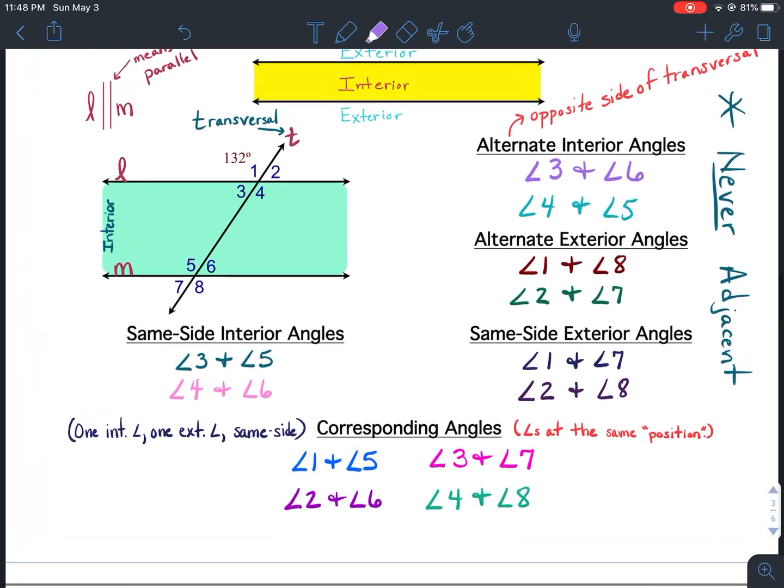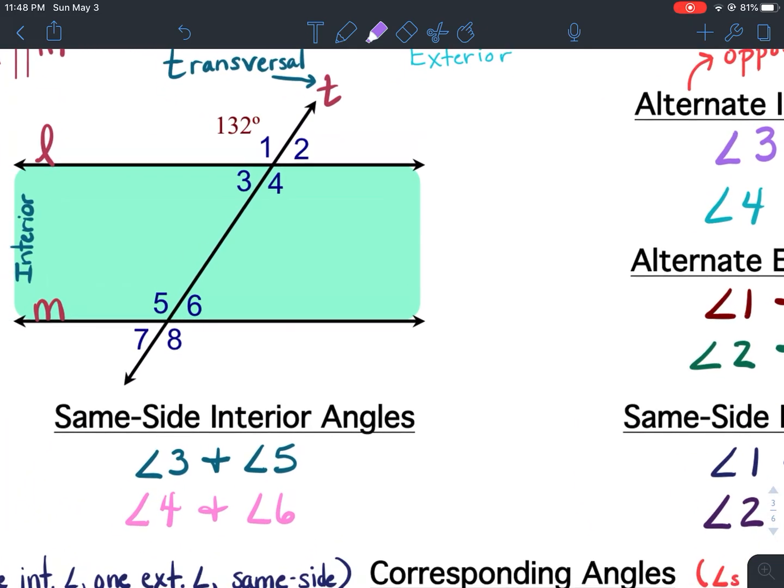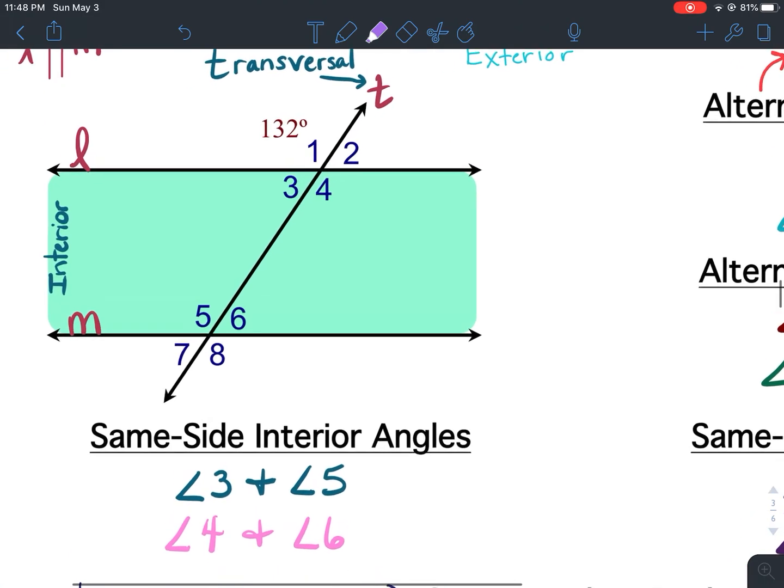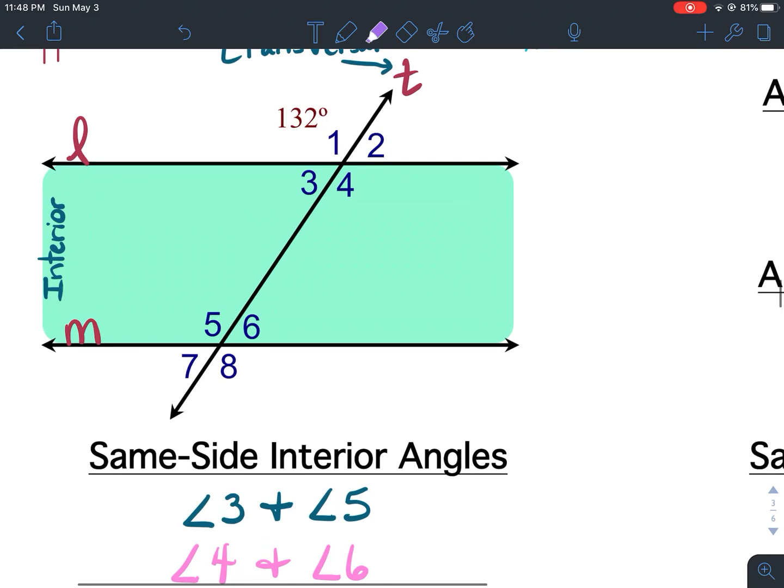Well, if you look at this, we're going to use a certain method to find the angle measurements, and it's actually very simple. I like to call it the zigzag method. So 1 and 4 are across from one another. 4 and 5 are alternate interior, and 5 and 8 are across from one another.